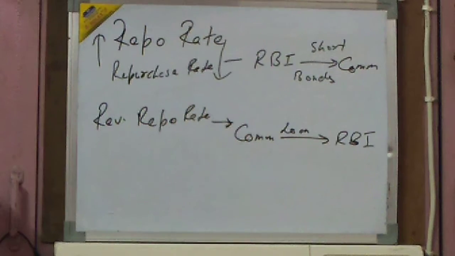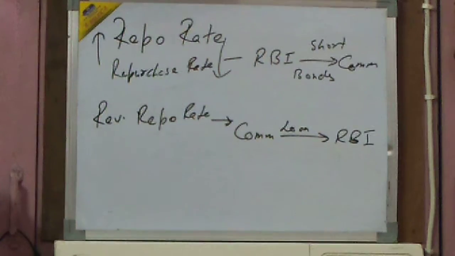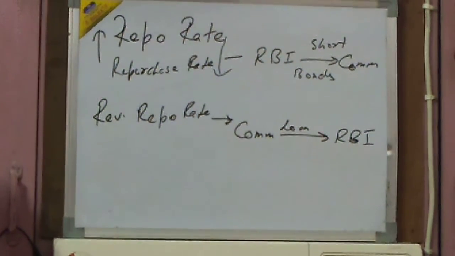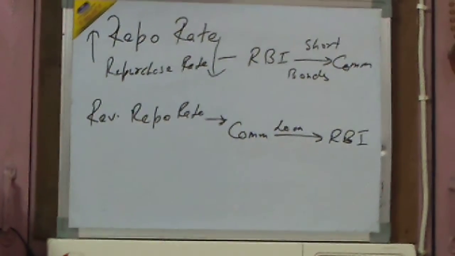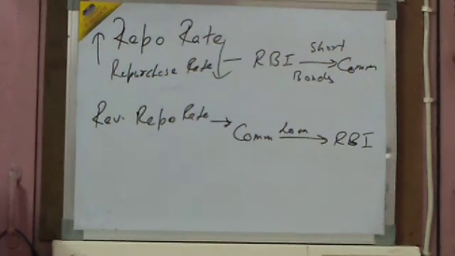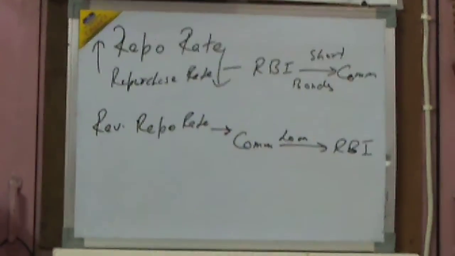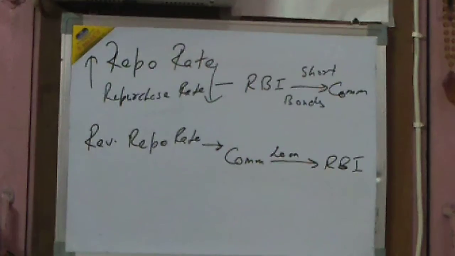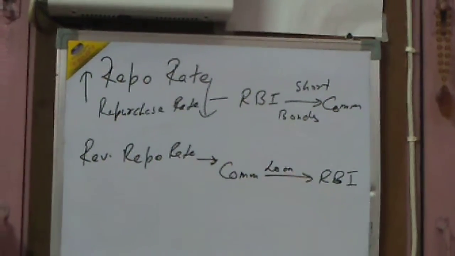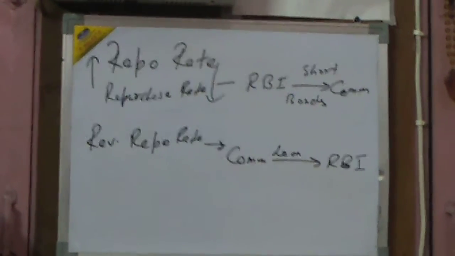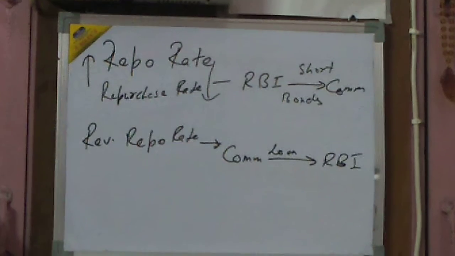This repo rate and reverse repo rate facility helps the commercial banks use their surplus liquid assets. If commercial banks have extra surplus amounts, then they give it to the central bank, to the RBI, and this excess liquidity of commercial banks can easily be absorbed by the RBI.